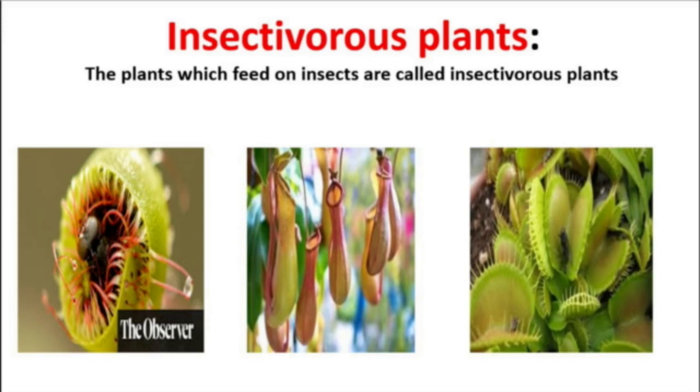It gets entangled in the hair of the pitcher and is killed by the digestive juices secreted inside the pitcher. Because of the hairs present in the pitcher, the insect cannot come out, and slowly the digestive juices are secreted and the insect is digested.